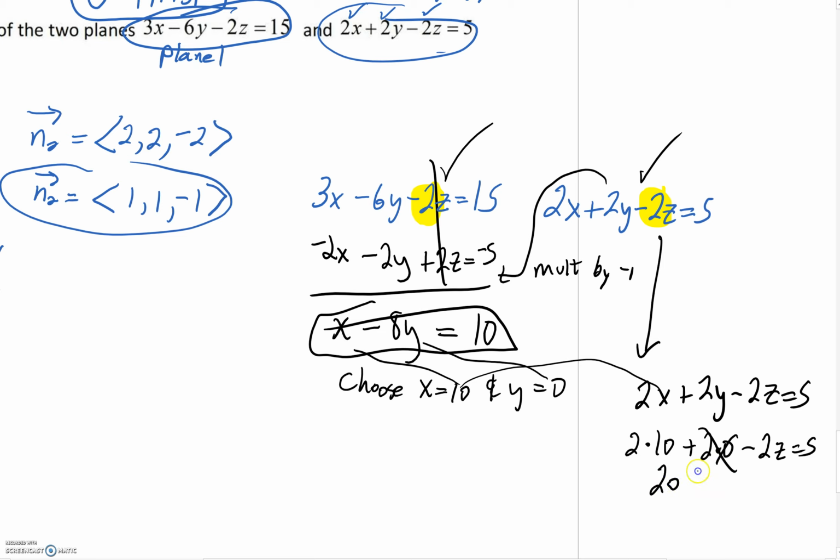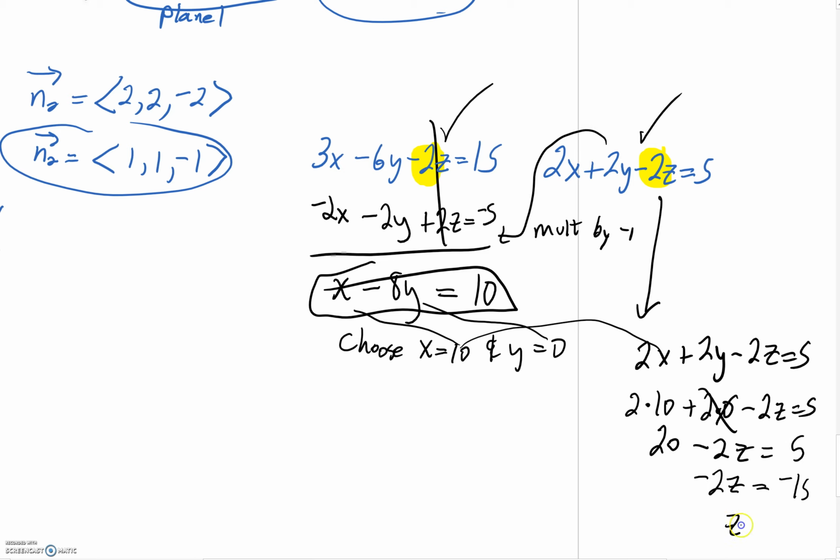So this is 20 minus 2z is equal to 5. And I can subtract a 20 from both sides, and that would be negative 15. And then I'd get z is equal to 15 over 2.